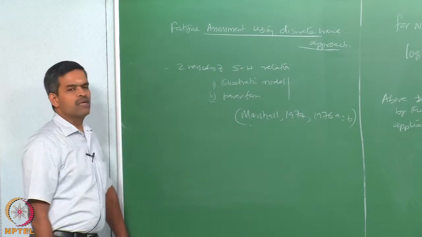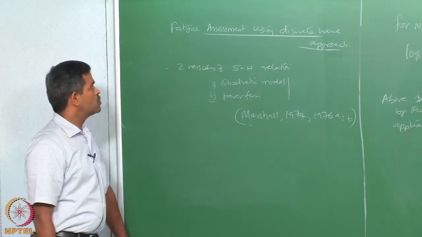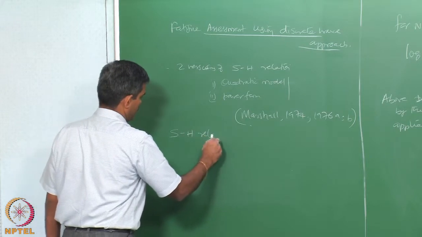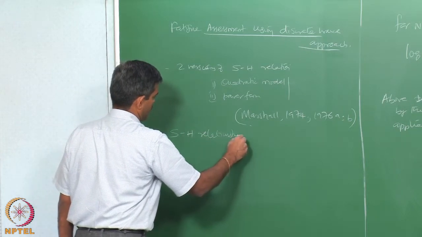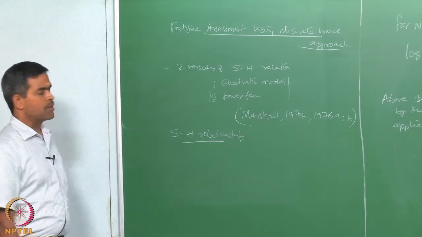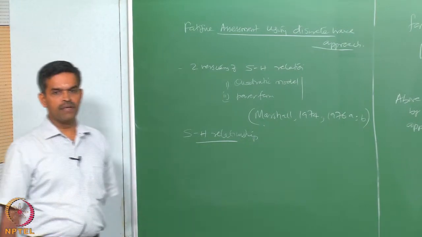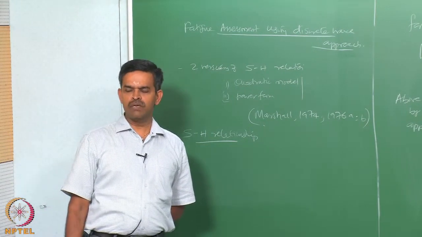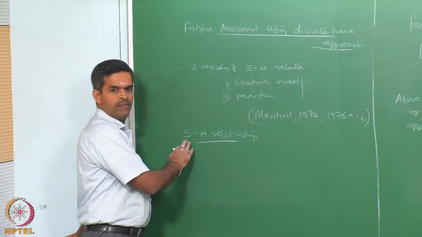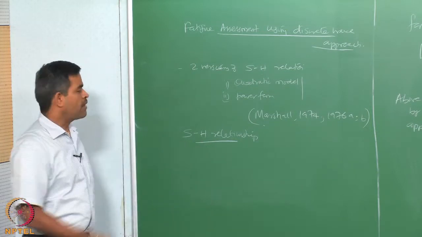Let us quickly see what we understand by the SH relationship, which is used for fatigue assessment. The most time consuming part, dear friends, in doing a fatigue assessment is to actually establish a simple relationship between the stress range at any point of interest on the structure and the wave height.